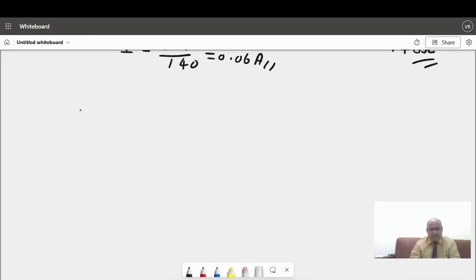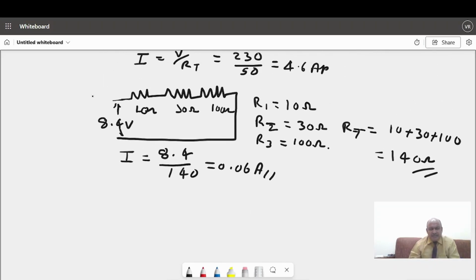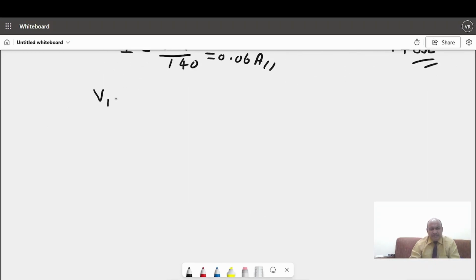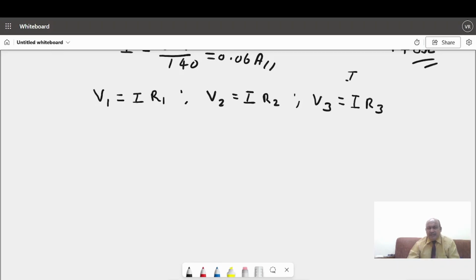Now, voltage distribution. V1, the voltage across resistance 1, is equal to I into R1. V2, the voltage across R2, is I R2. V3, the voltage across resistance 3, is I R3, because I is equal to IT, the total current.